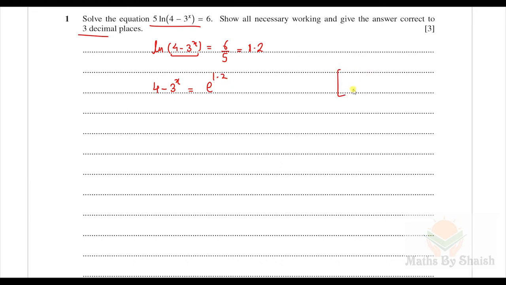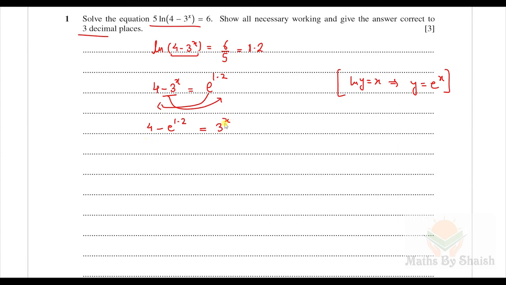How? Because we know if you have ln y is equal to x, it means y is equal to e raised to the power x. As simple as that. Now I'll take this minus 3^x to the other side, and this will bring it here. It would be 4 minus e raised to the power 1.2 is equal to 3^x.